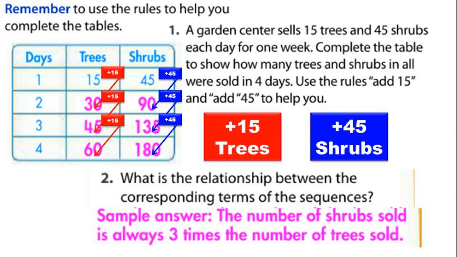Sure, here if you subtract 45 minus 15, you will find each time the difference between them here is 30, higher for shrubs than trees. Okay, so the number of shrubs sold is always 3 times the number of trees sold. Also here seems to multiply by 3 each time.